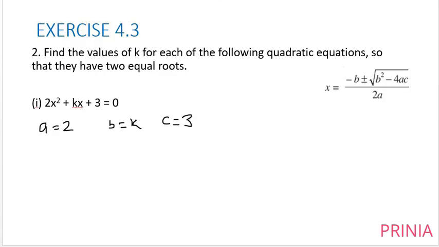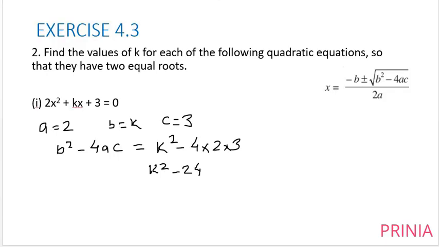Now the determinant b square minus 4ac is k square minus 4 into 2 into 3. So k square minus 24 equal to 0.